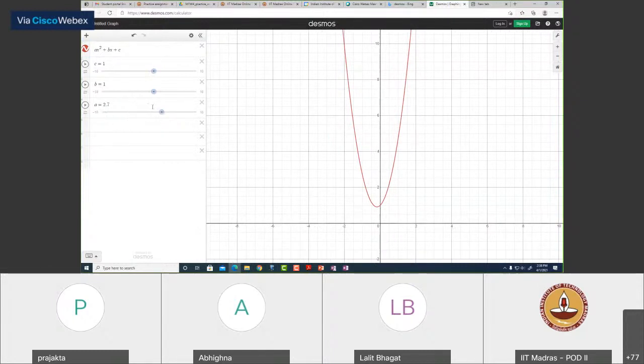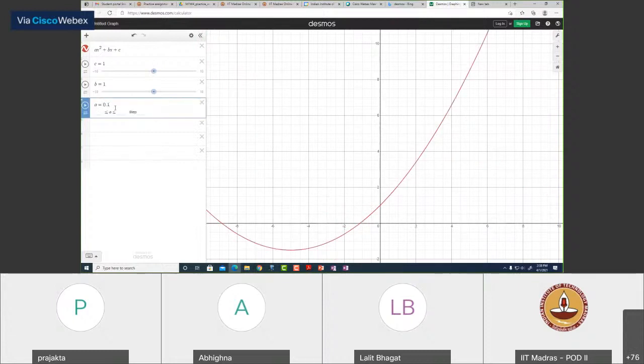We are increasing it, then the parabola shape will actually change. And if it is at 0, then it is a straight line.